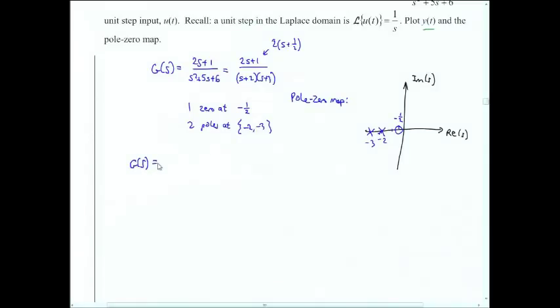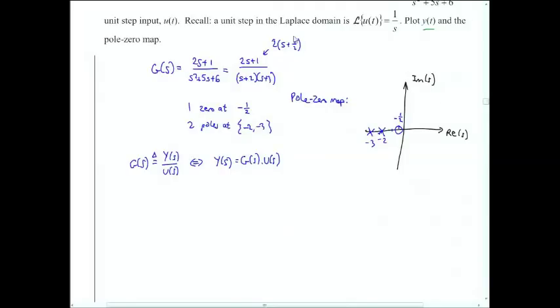So the transfer function g of s is defined as the ratio y of s over u of s. So we rearrange for y of s. It's just g of s times u of s. G of s is this thing, but what is u of s? U of s is the Laplace transform of our input u of t.